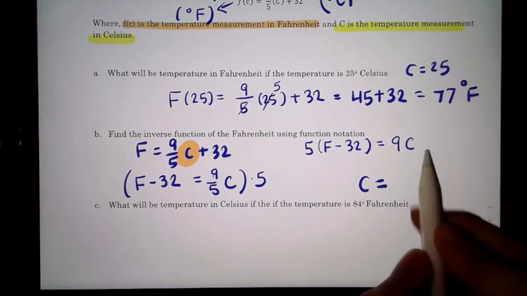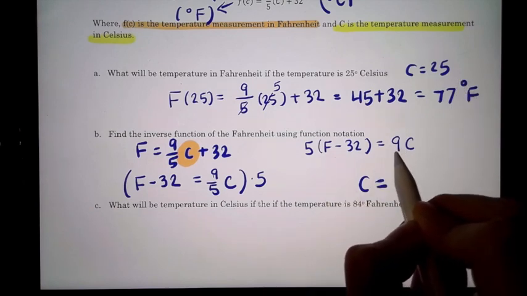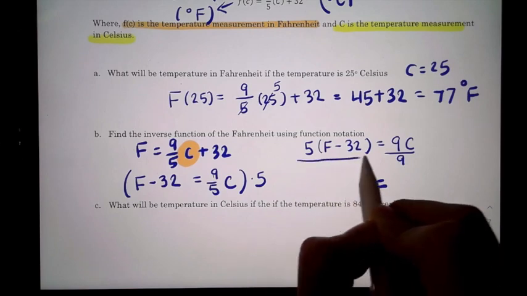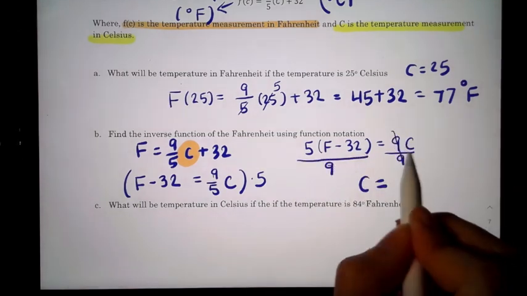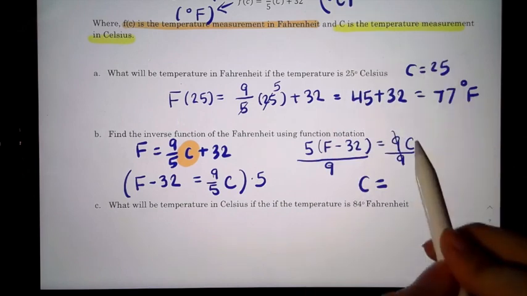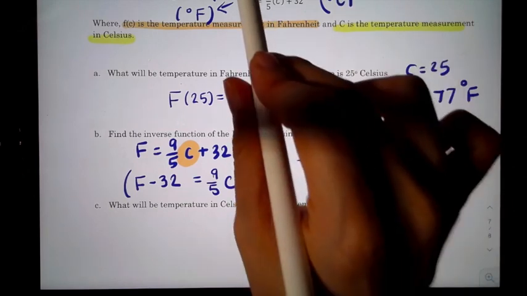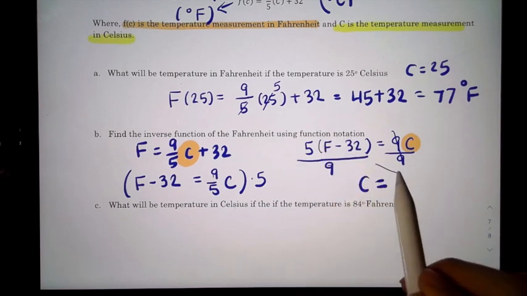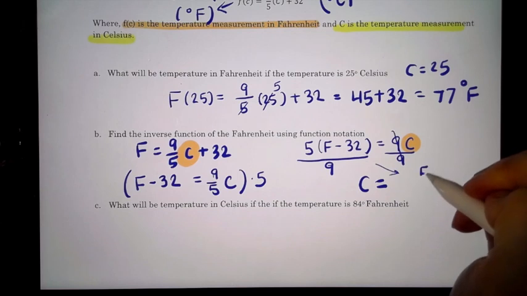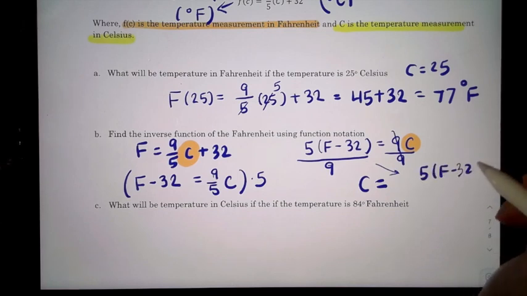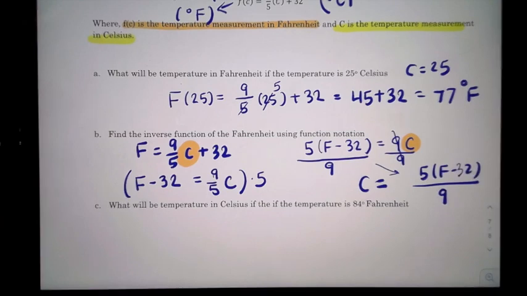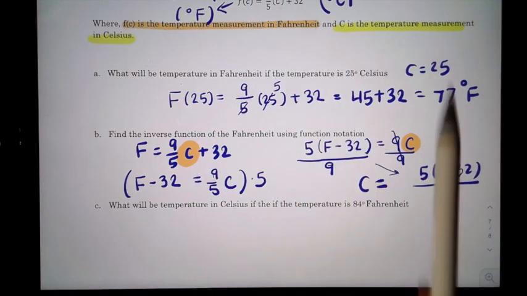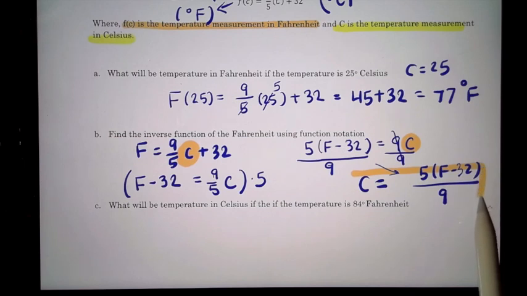And then you divide by 9, divide by 9, cancel, then you have only C. On my left side you get this one, so I'm rewriting it over here: C equals 5 times F minus 32, over 9. So that's my inverse function. You don't have to simplify it, you can just keep it.